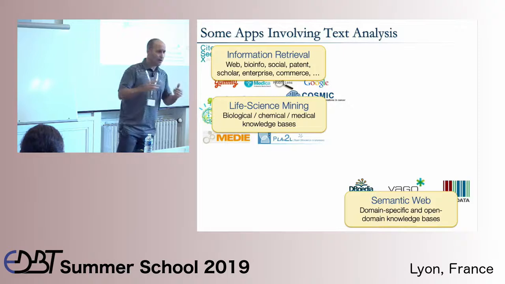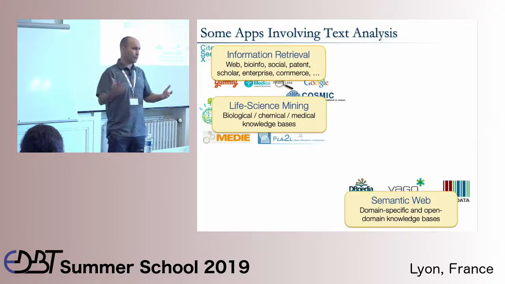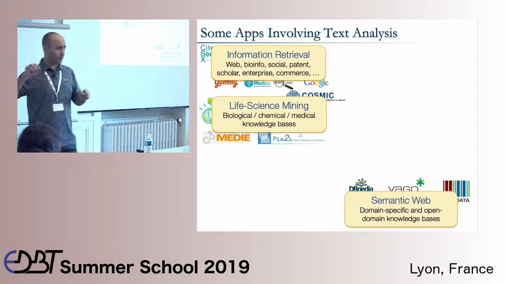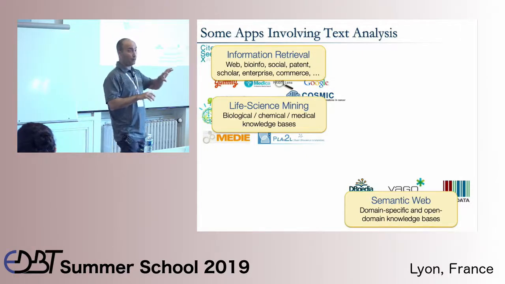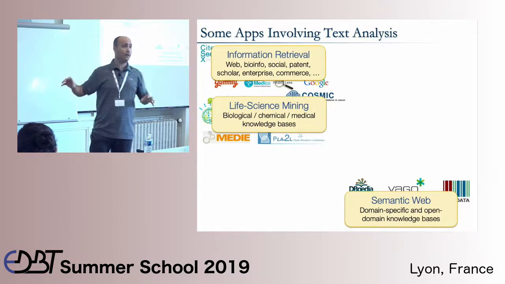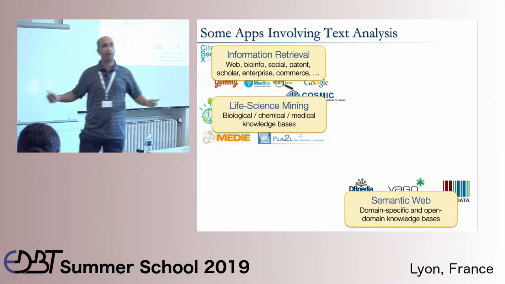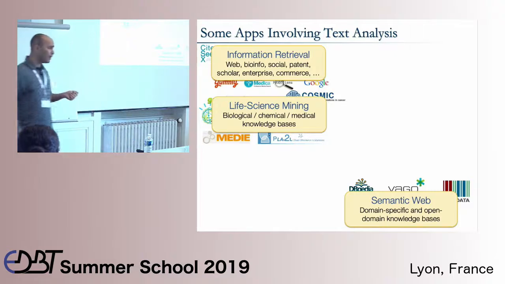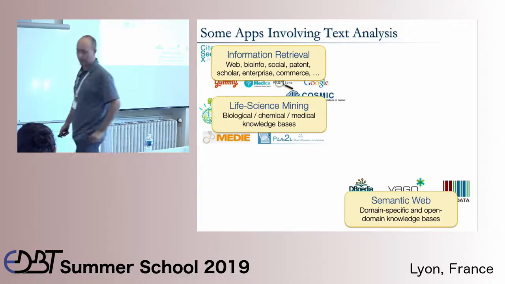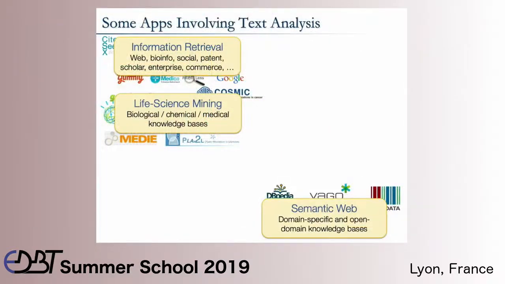So if you want to read these publications and make the inference that if a condition A causes disease B, and disease B leads to a problem C, making the inference from A to C is really not a human kind of task. It is really a machine task. It's not human intelligence, it's artificial intelligence.